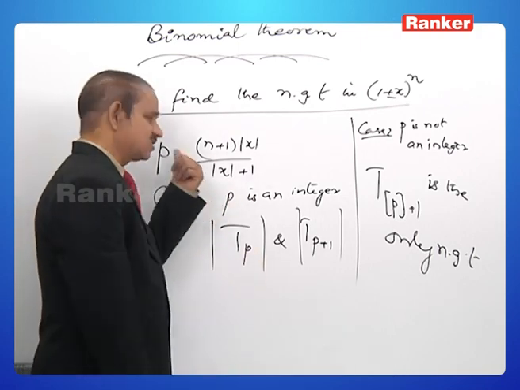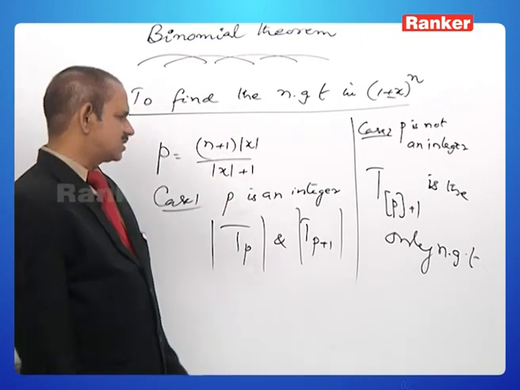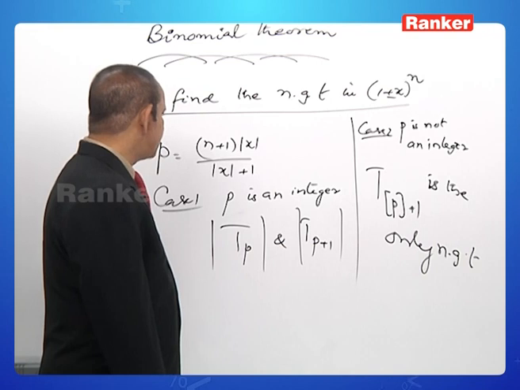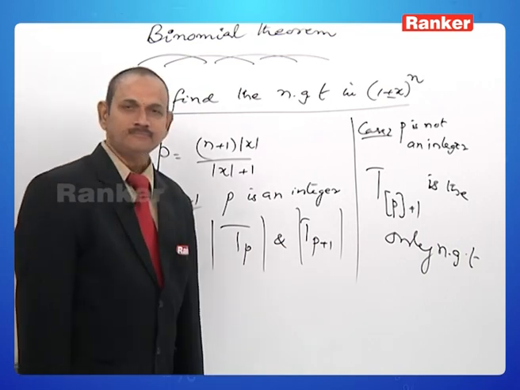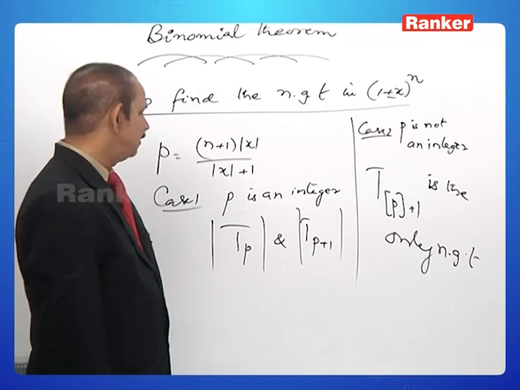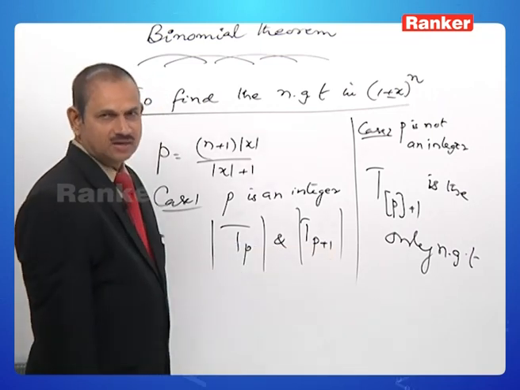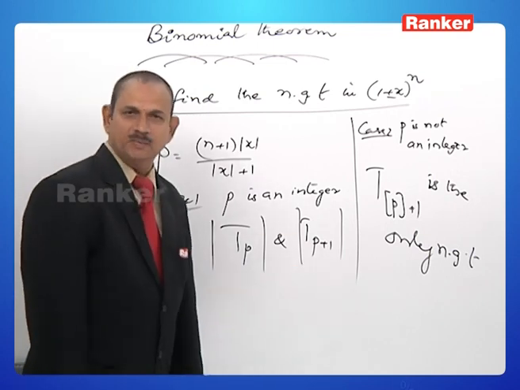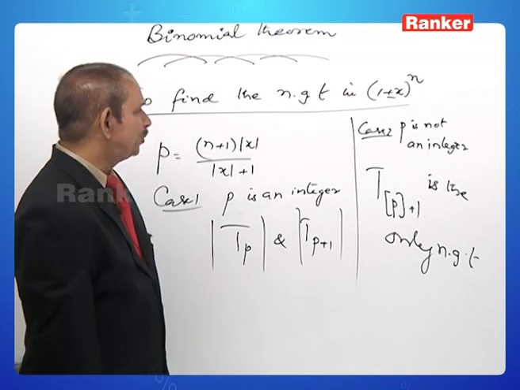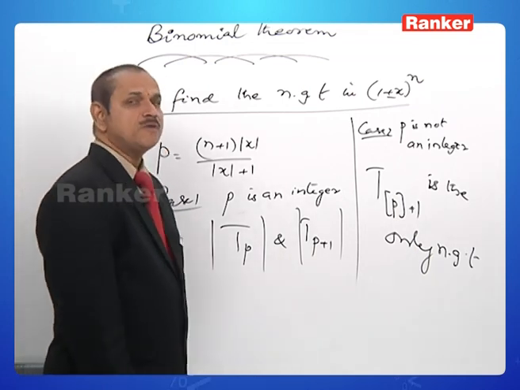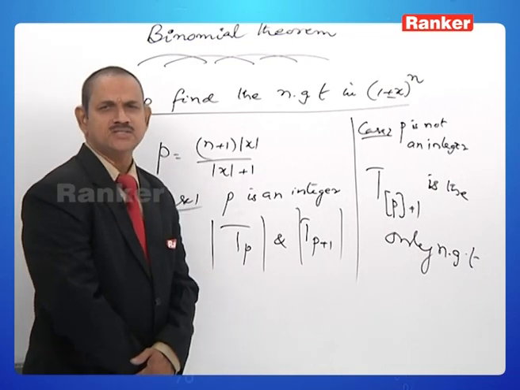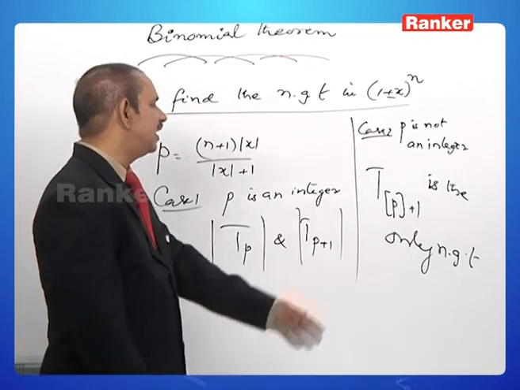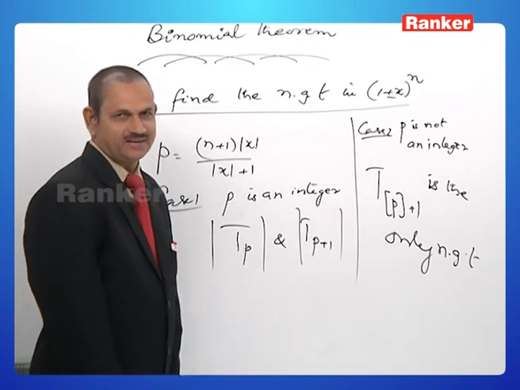Of course, the proof of this is also very simple, but to save some time we are just noting it. p is equal to (n + 1) into mod x by (mod x + 1). Automatically, two cases will arise. In case 1, p is an integer, and we have two numerically greatest terms, mod Tp and mod Tp+1. In case 2, p is not an integer, then the integral part of p is an integer, and the (integral part of p plus 1)th term is the numerically greatest term.